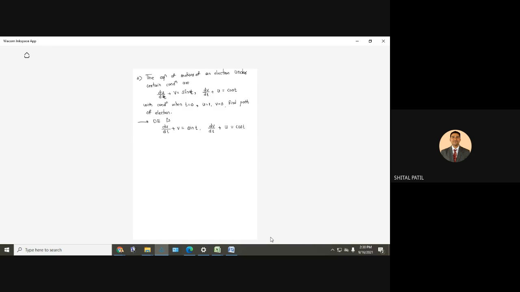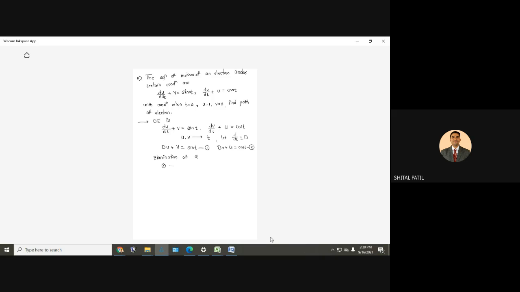I'm solving it. U and V are dependent and they depend upon t. Let d by dt equal capital D. Elimination of U. How?